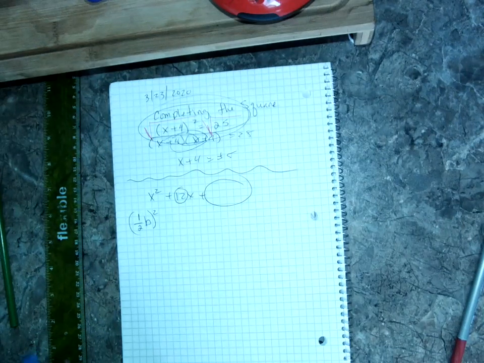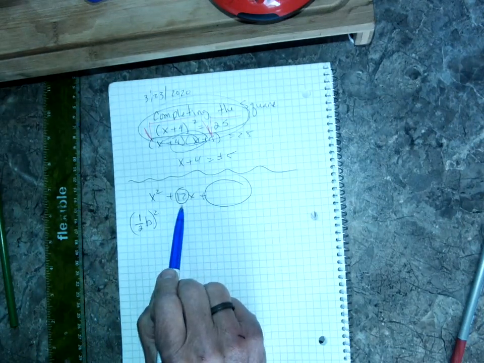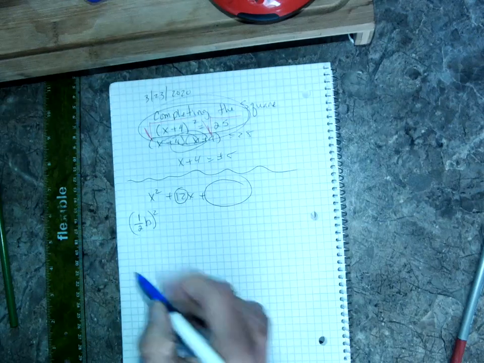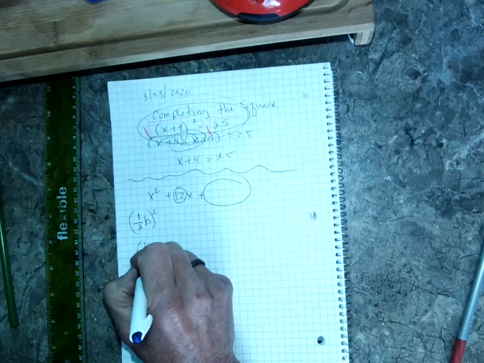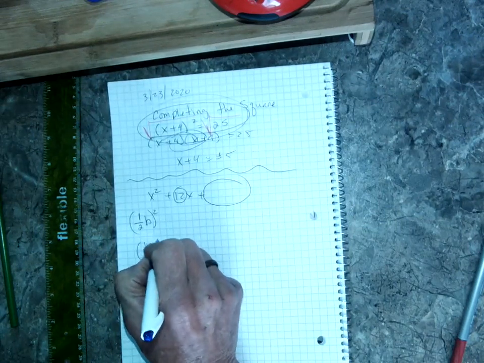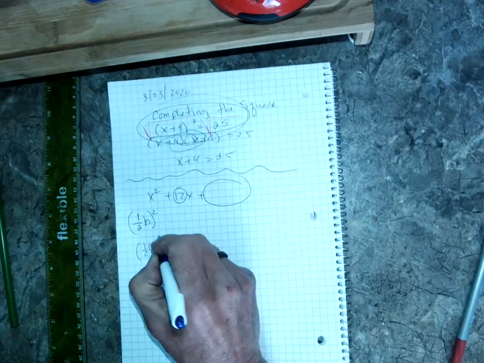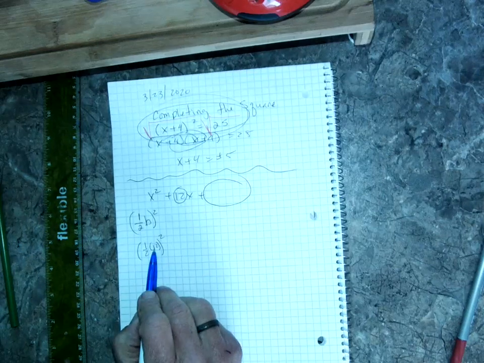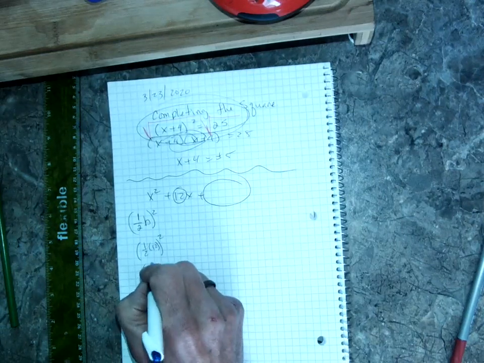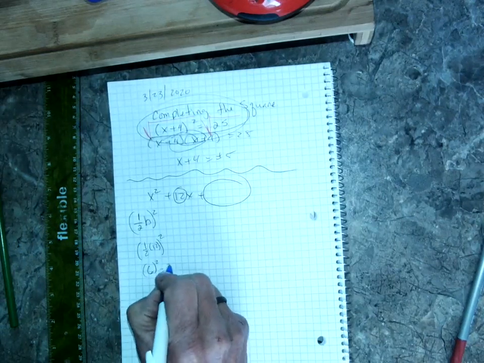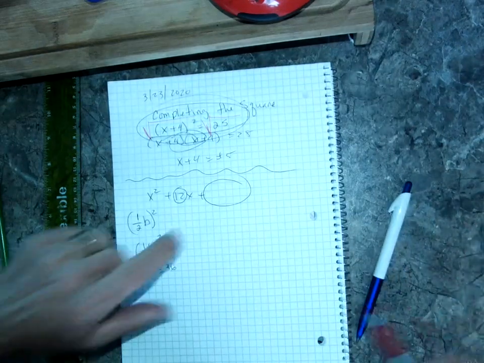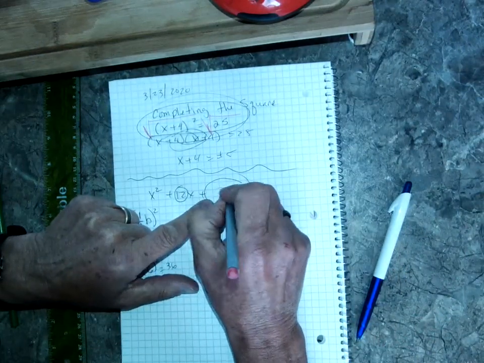Alright, how does that work? Okay, in this case, B is 12. So we're going to take half of 12, which is 6, right? Half of 12 is 6. 6 squared is 36. So the number I want to put here is 36.